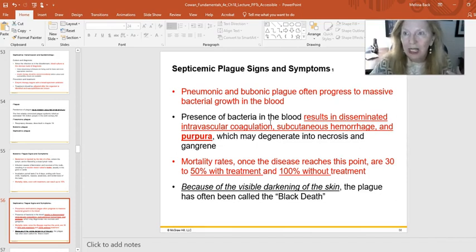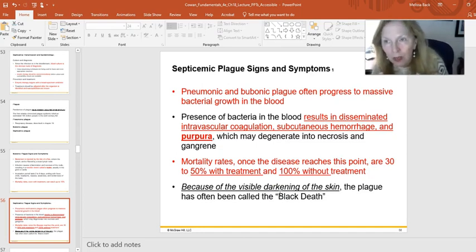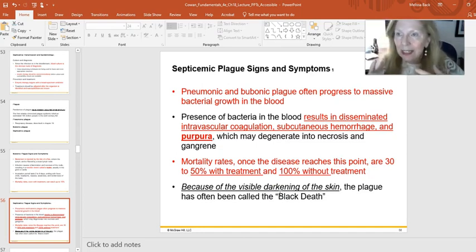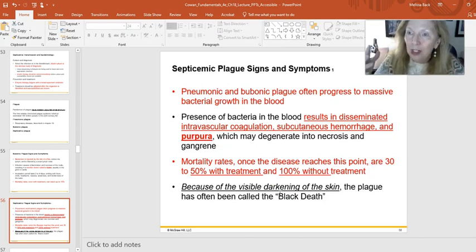You can actually see the tissues dying, and the person would take on this visible darkening. It was called the Black Plague, this visible darkening of the extremities as it's progressing. And when these widespread blood clots are forming in DIC, people are actually losing the ability to clot where they need to be clotting. So they would be bleeding out through the GI tract or the tear ducts or whatever.